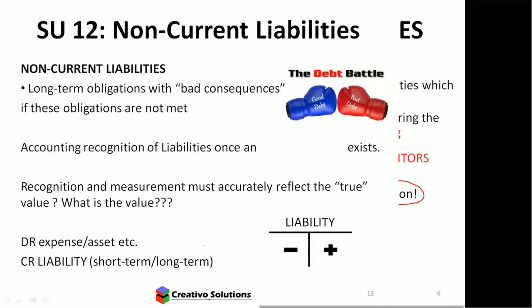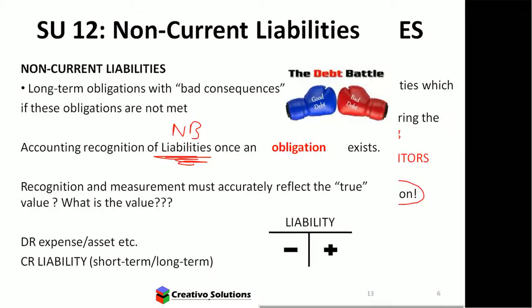Accounting recognition of liabilities once a what occurs. So when do I record a liability? Good. When the obligation is established. Perfect. Okay, so if you have an obligation, there's no question about it. It's a liability. Okay, obligation to pay, an obligation to do something.